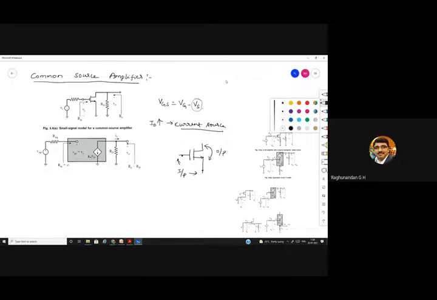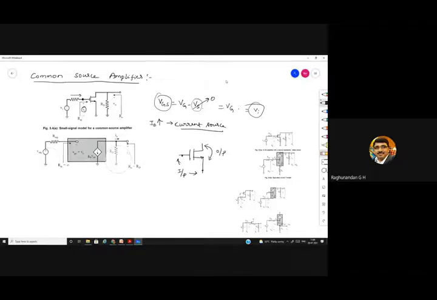It is zero, no? Since it is grounded, this is zero. That becomes VG. What is VG? The voltage which you are getting finally across this point, which is considered as VI. So in this way, we say VGS is equal to VI. This is how we get VGS is equal to VI.